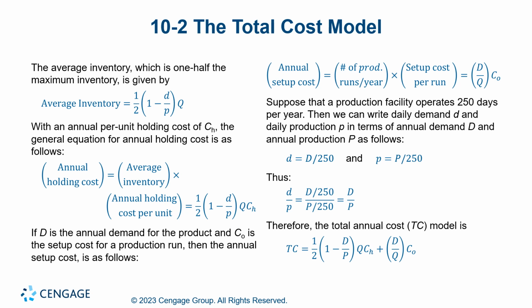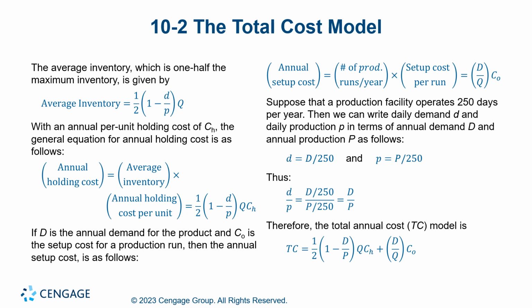Suppose that a production facility operates 250 days per year, and then we can write the daily demand d and daily production p in terms of the annual demand D and the annual production P. So the daily demand, the small d, is equal to the annual demand divided by the working days, and the daily production p is given by the annual production divided by 250.